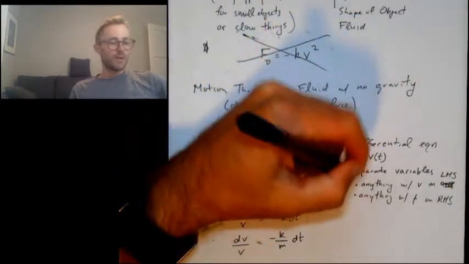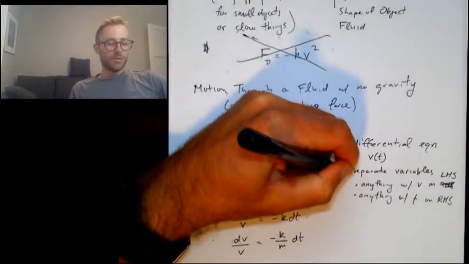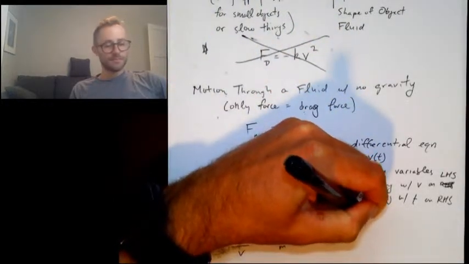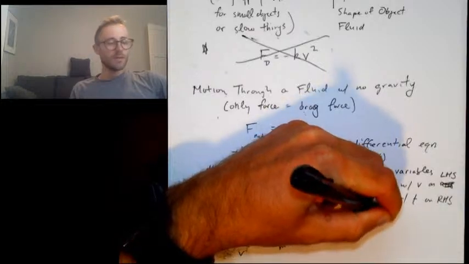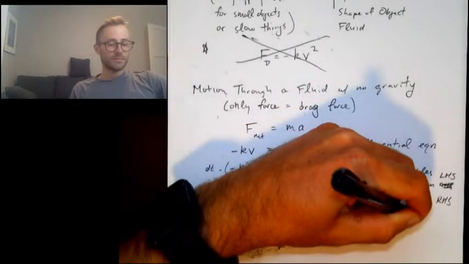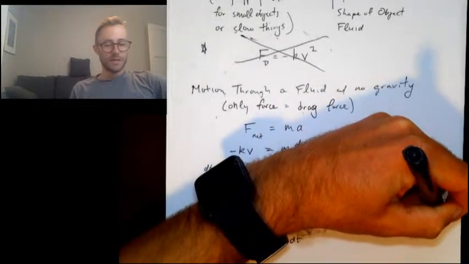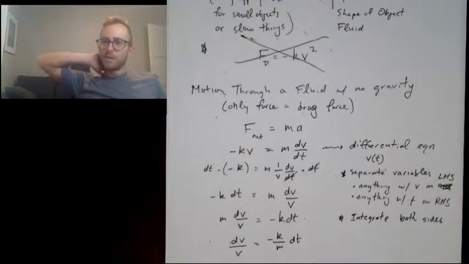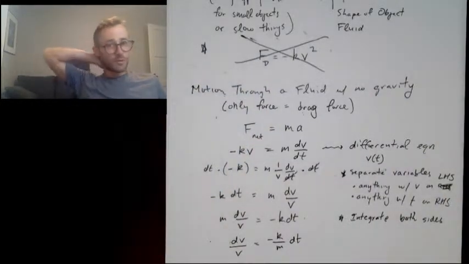Once you separate the variables, what you want to do is integrate both sides. And this is the part where, if you are just taking calculus for the first time, or maybe you're not taking calculus at all, this is the part that you're not going to get.